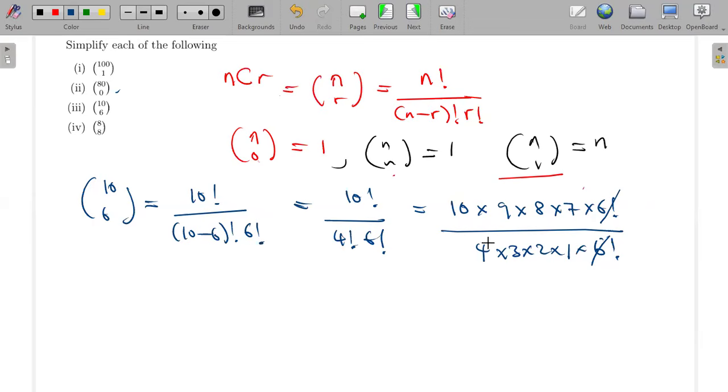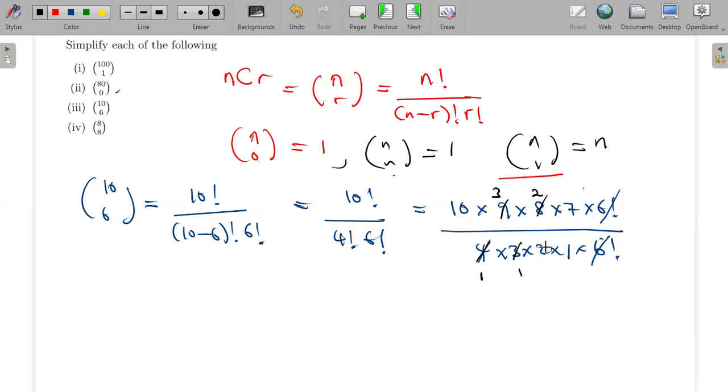So now with the 4 which you have like that, 4 into itself is 1. 4 can divide into 8, so that is going to be 2. Then 3 into 3 is 1, 3 into 9 gives us 3.